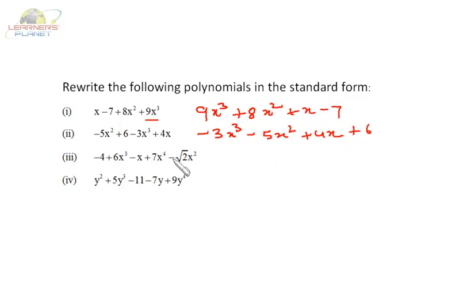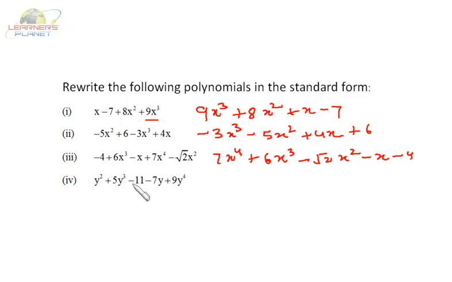Similarly, over here the highest power of the variable is 4, so let's begin with 7x to the power 4, then plus 6x cube, then minus root 2 x square, then minus x, and then minus 4. So it's very simple.